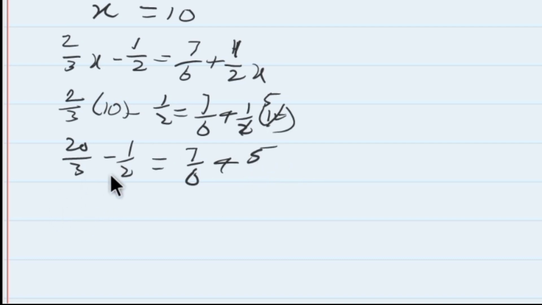So now to add these fractions, we make their denominators the same. To do so, we will multiply and divide the first fraction by the denominator of the second fraction, and similarly we will multiply and divide the second fraction by the denominator of the first fraction.